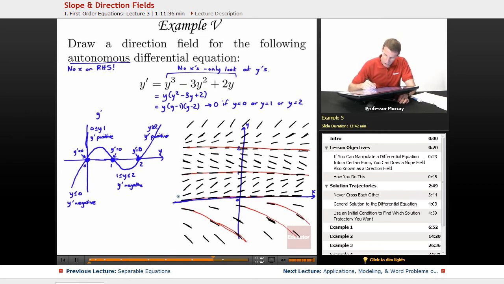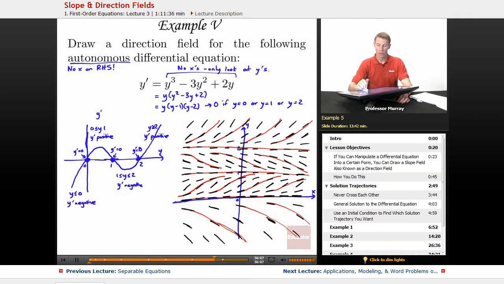On the regions in between, I've got these solution trajectories that are sloping gradually up towards 1, and then sloping gradually down towards 1. And then up above 2, everything just seems to be sloping steeply up towards infinity.